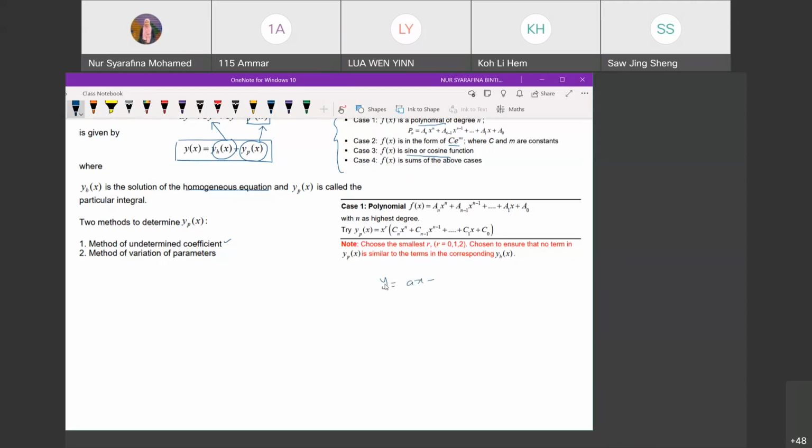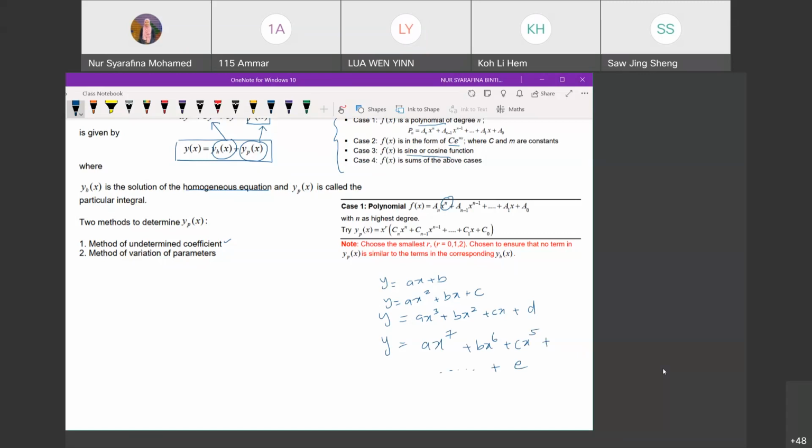We have linear, quadratic, and cubic. These are all polynomials up to the power of n. For example, a x to the power of 7. These are polynomials, where n is the highest degree.